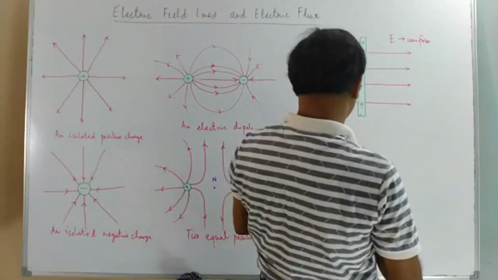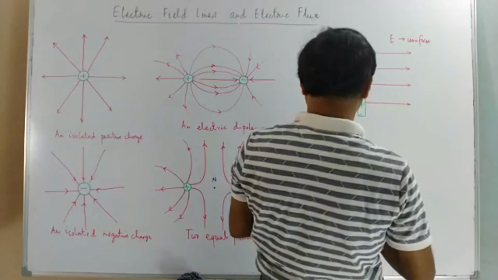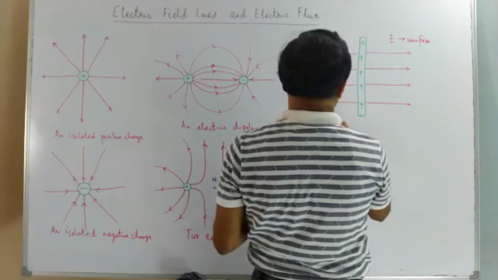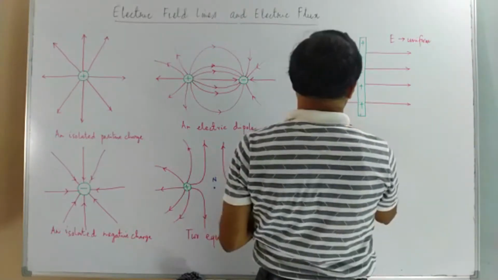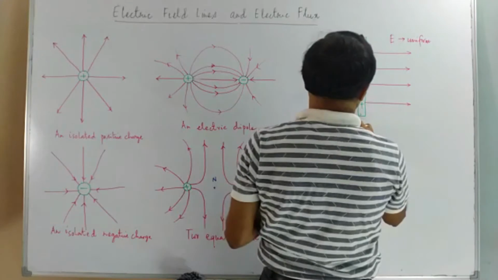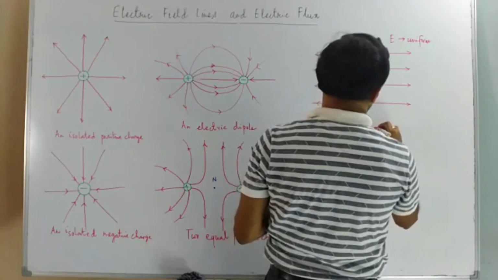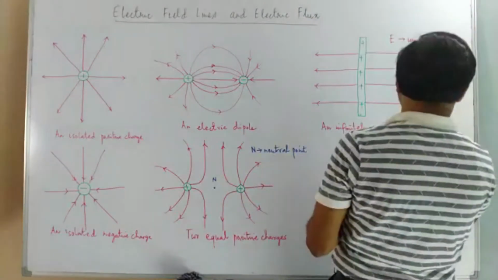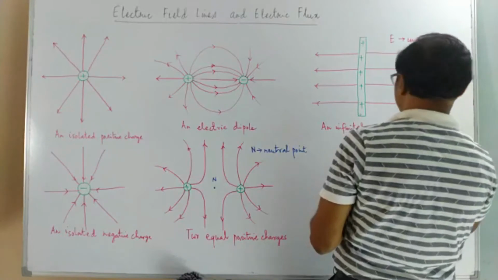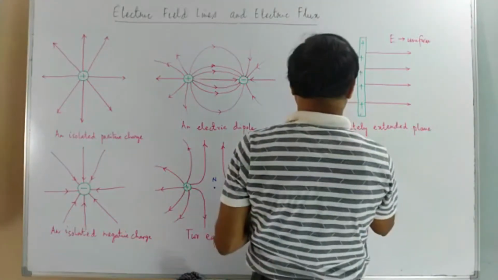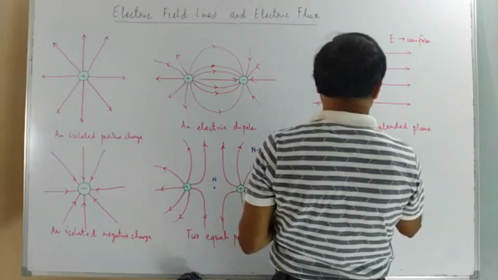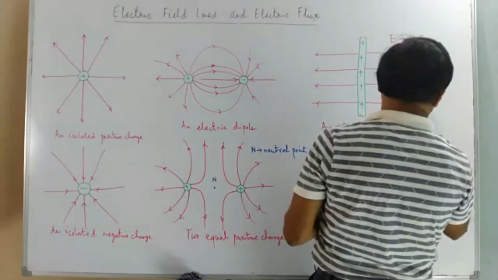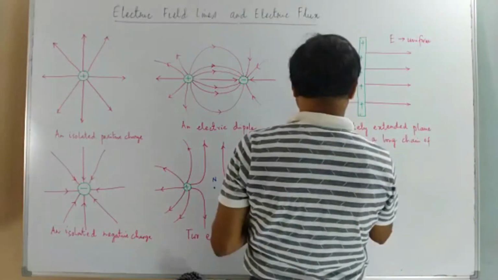So this is the case with an infinitely extended plane conductor or a long chain of positive charges.